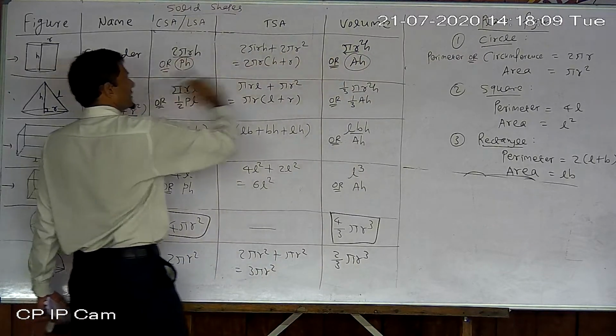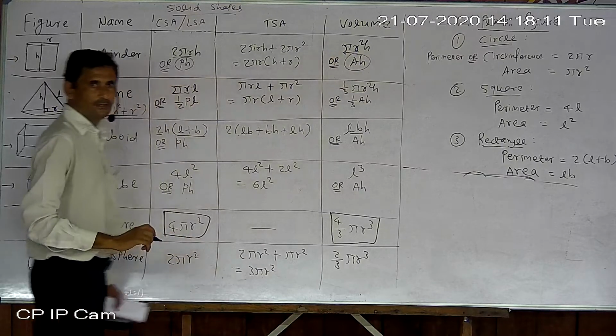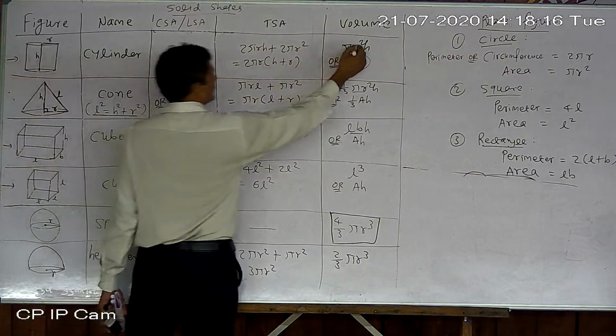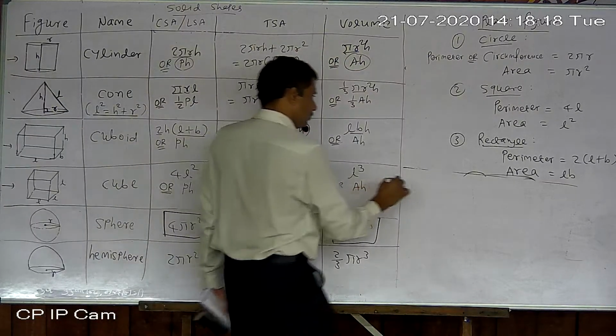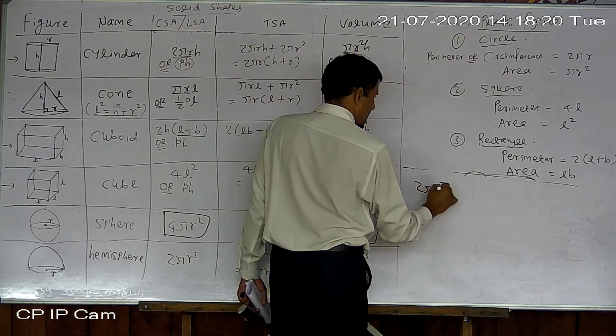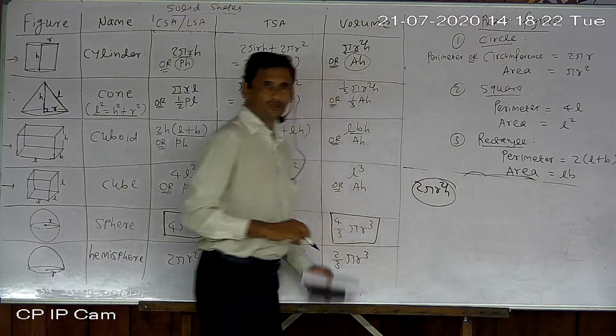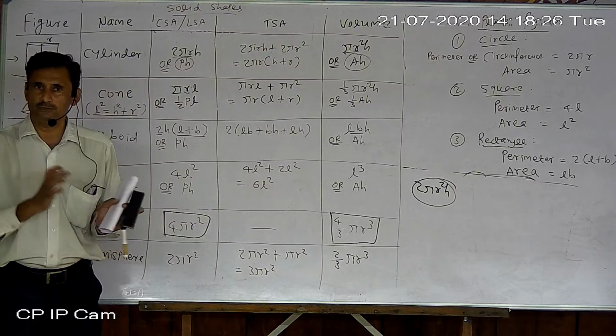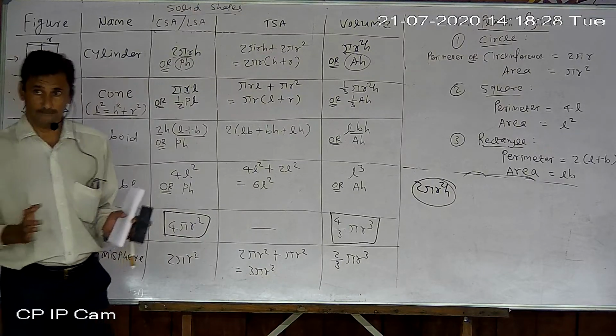Here is 2 pi r h, here is pi r square. Now 2 is in multiplication, means coefficient, and 2 is degree. Sometimes they mix up both and write down 2 pi r square. Actually this is nothing. Not volume, not curved surface area. So don't mix up any two formulas this way.